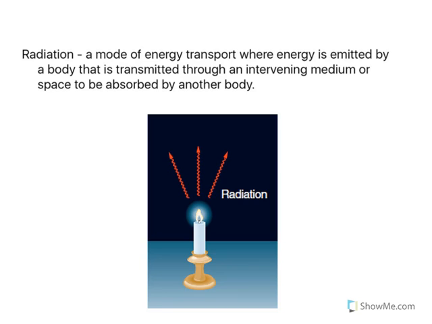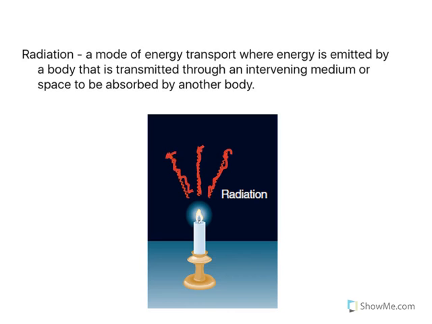In this example from your textbook, we see an open flame, and this open flame is an energy source. It is generating energy, which you see as these red squiggly lines.